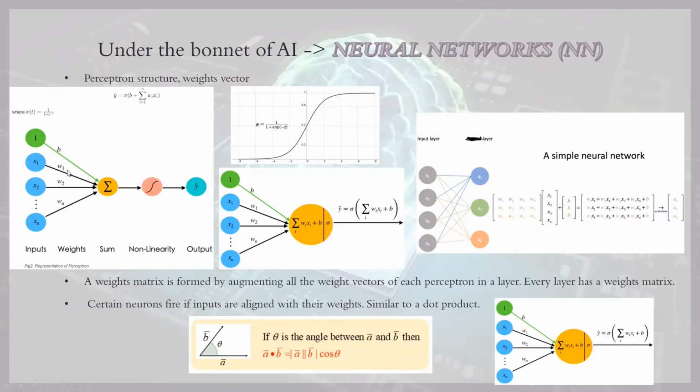It multiplies the weight value with the input value and sums it together. That means you multiply this, multiply this, multiply this, and you sum all of them. Then it goes through some non-linearity, and it comes out as the output of this neuron. This is also shown in this picture here.